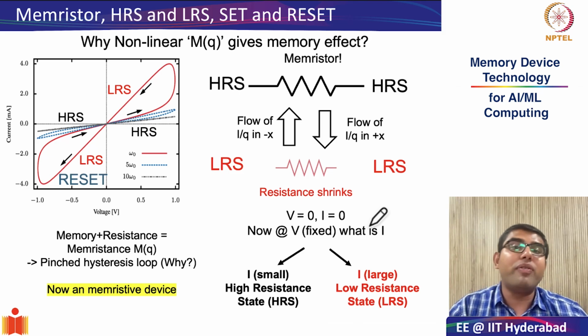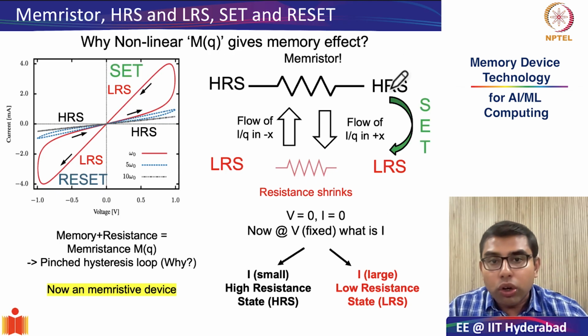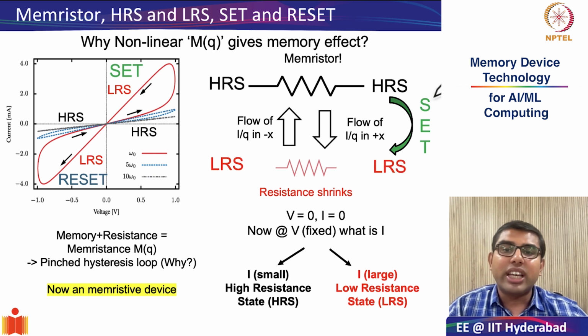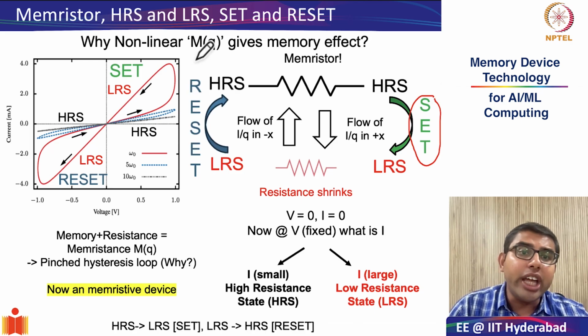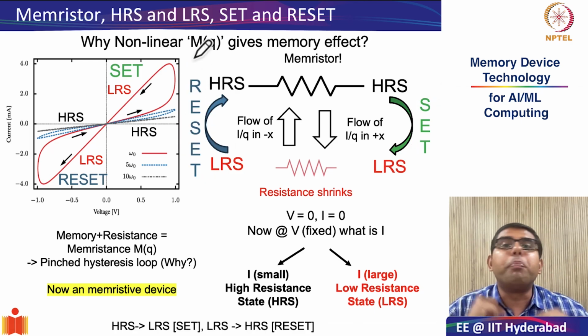The last thing that we will study today is the transition from high resistance state to low resistance state. The transition from HRS to LRS is generally known as set, whereas the transition from LRS to HRS is generally known as reset. Why this terminology? It is very simple.